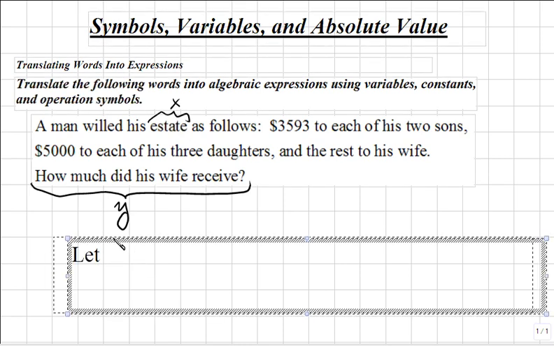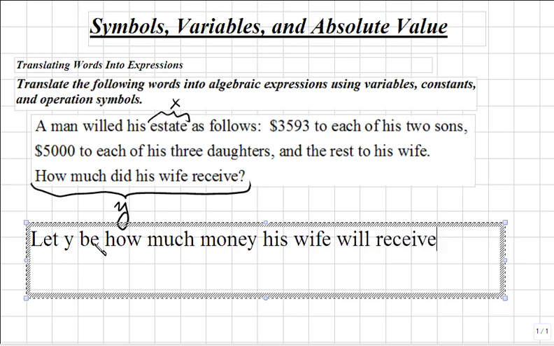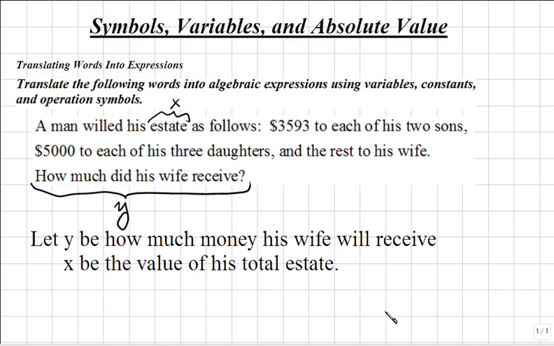So in words, let's let y be how much money his wife will receive, as well as another variable x, which will be the value of his total estate. So we see that if x represents how much total he has, that from this each of his 2 sons would get 3,593.